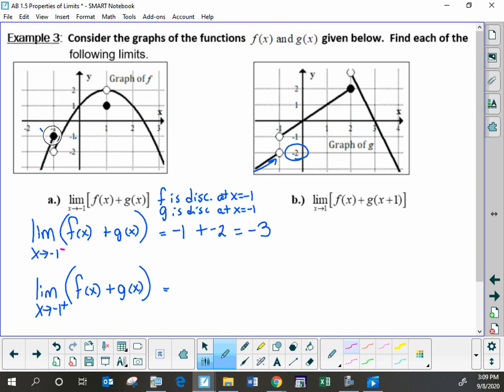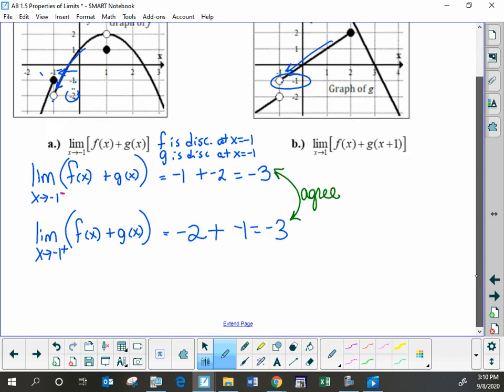From the right side, I'm coming into -1 from this side, and I follow my graph, and that brings me to a -2. And g coming in from the right side looks like we end up with a height of -1. Woo, looky there. These agree on left and right side.